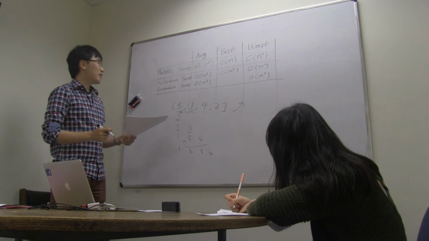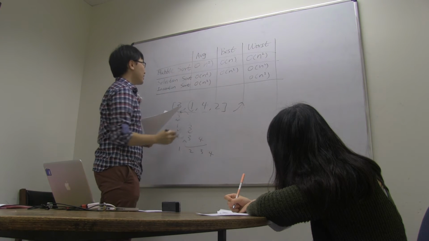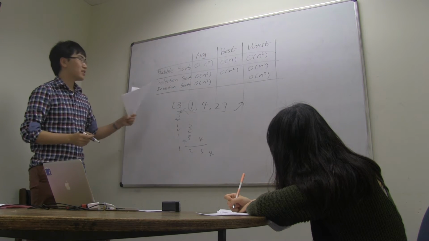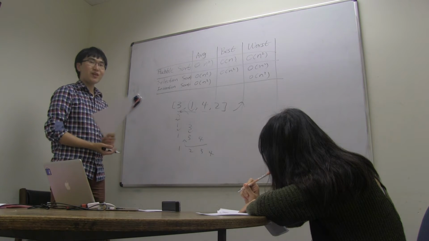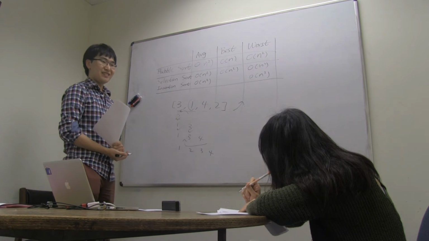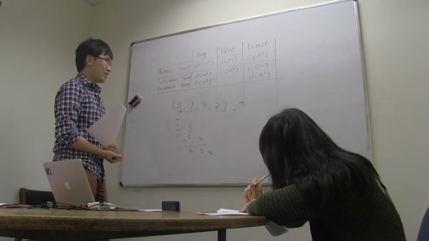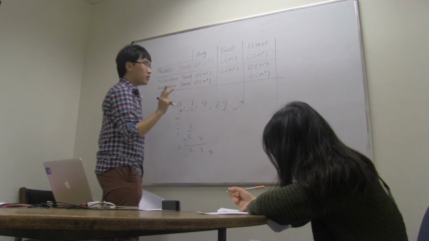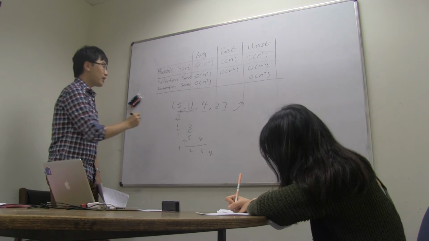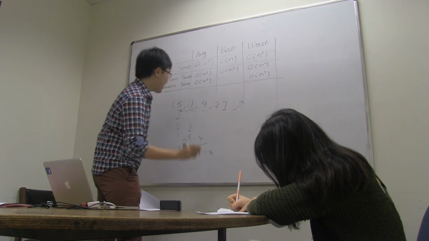So can anyone tell me, in the best situation, what's the time complexity for insertion sort? This one is tricky actually. We see that the time complexity comes from two components. One is how many passes.